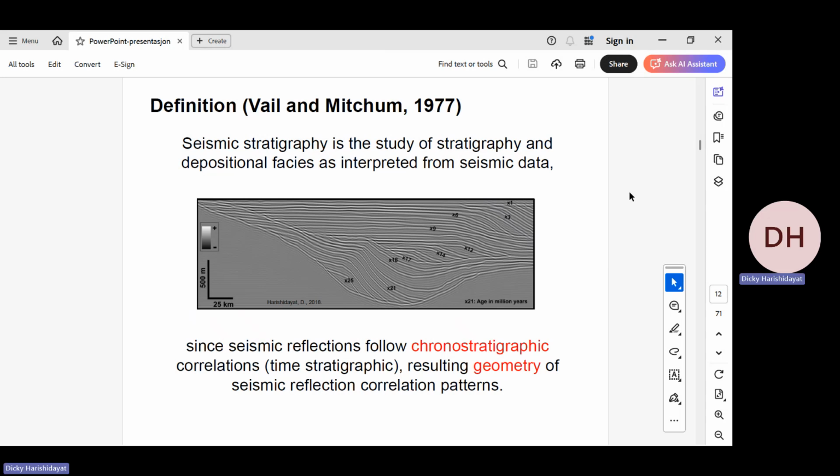Seismic stratigraphy is the study of stratigraphy and depositional physics as interpreted from seismic reflection data. Since seismic reflections follow chronostratigraphic correlation, which means time stratigraphy, this results in the geometry of seismic reflection correlation patterns.